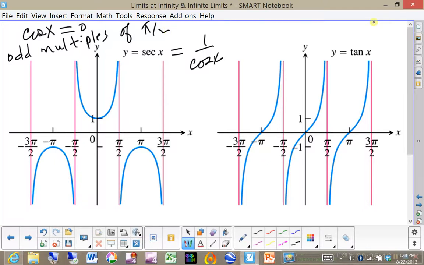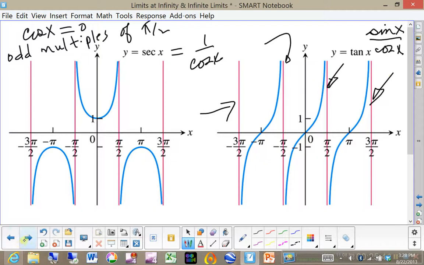By the same token, writing tangent of x as sine of x over cosine of x, the vertical asymptotes again occur where cosine of x equals 0, and so again you have a different graph, but the same vertical asymptotes at odd multiples of pi over 2.